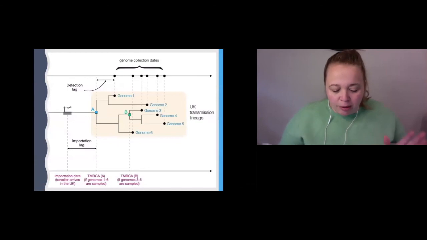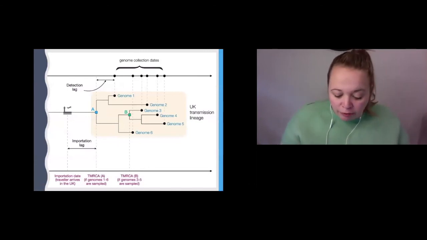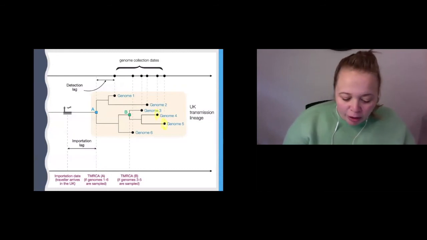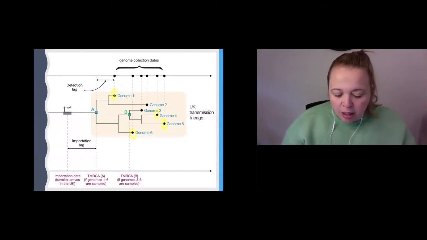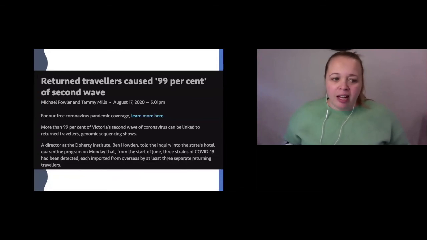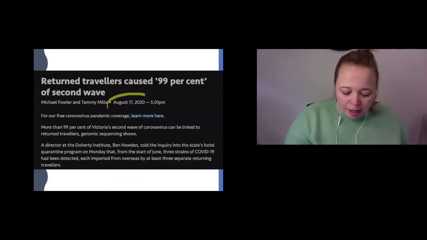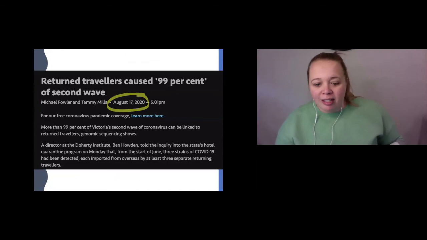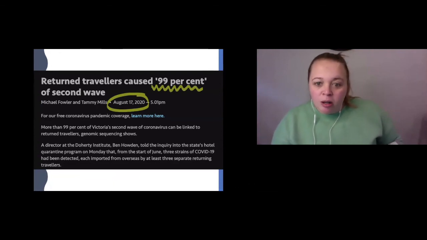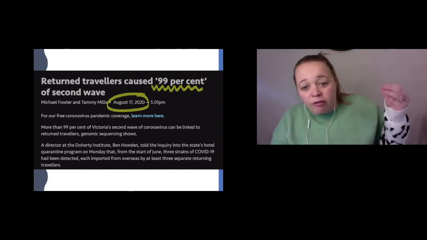Here, for example, is a very small part of that big phylogenetic tree. They can collect random genomic testing from people that have COVID, and determine which strains are likely to have branched off from others. That's where articles like this one come into play. This one was on August 17, so not that long ago. It showed that 99% of the second wave in Victoria was caused by a new strain of the virus coming into Australia from returned travellers.